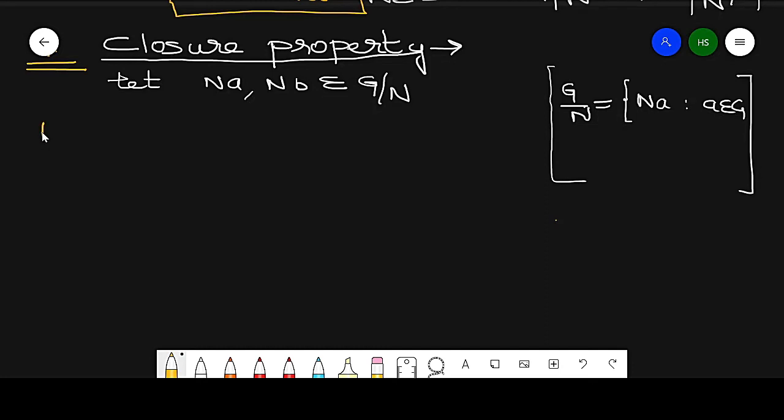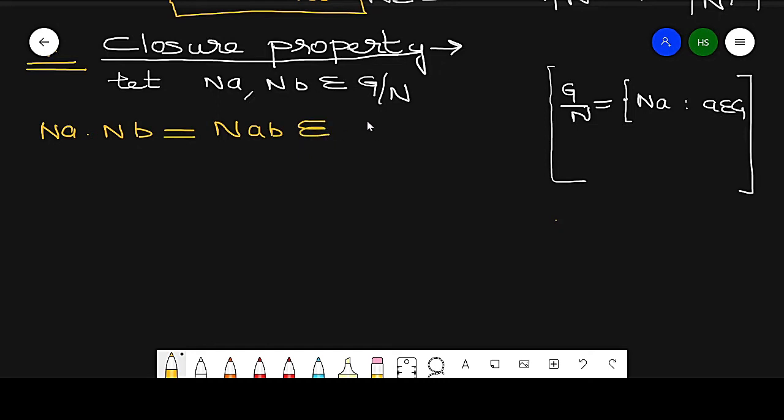Now the product Na into Nb, by the given binary composition, is equal to Nab. So that is the given binary composition. Now this element belongs to G by N. Why? So that is the main point.